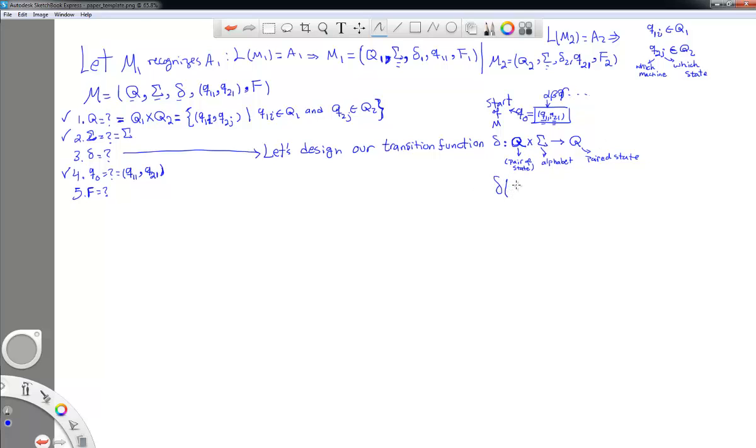Delta of a pair and a symbol, let's call this a, would result in a pair. So delta as an input takes a pair of states and a symbol from the alphabet, and then what it produces is a pair of states.